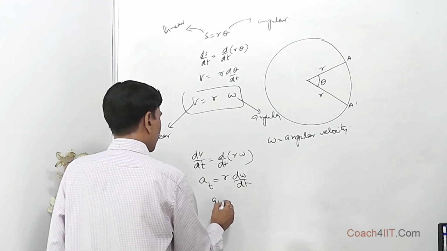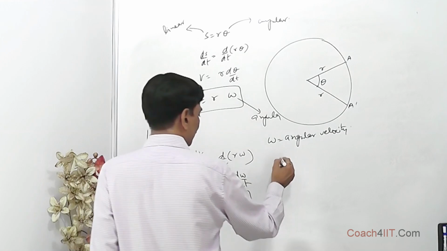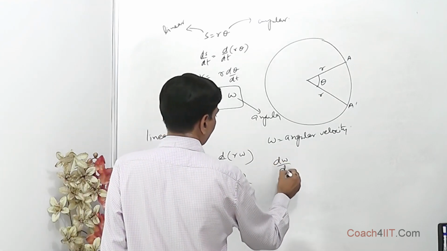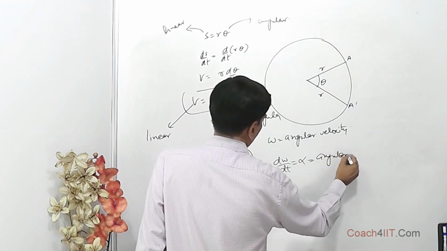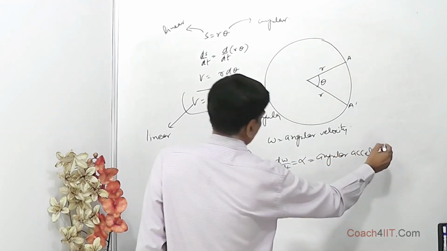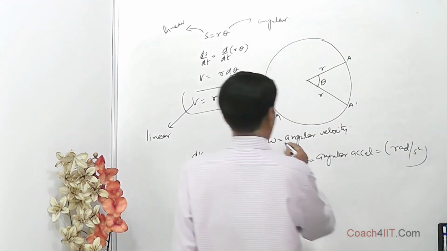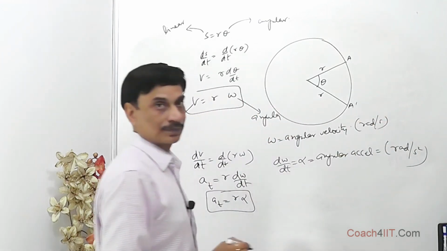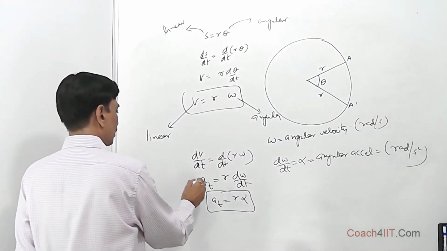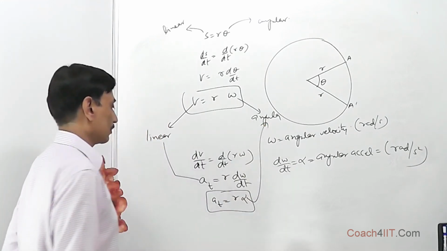And this is a_t is equal to r alpha, where alpha is d omega by dt, that is called angular acceleration. Unit is radian per second square, angular velocity radian per second. So this is once again linear, and alpha stands for angular.